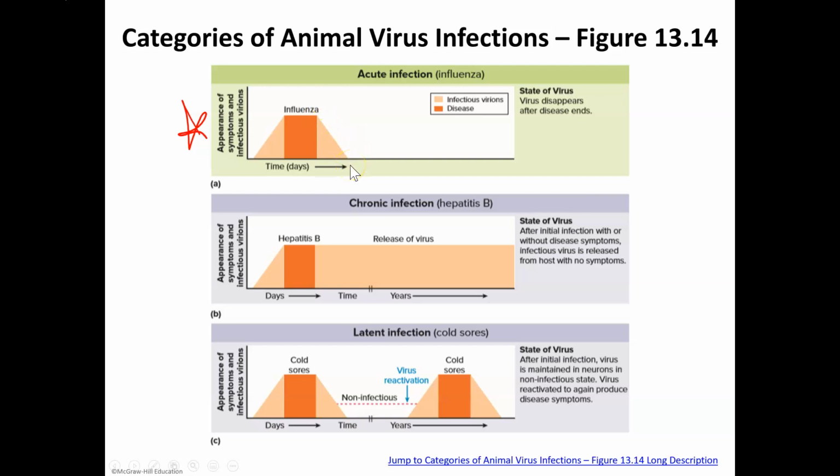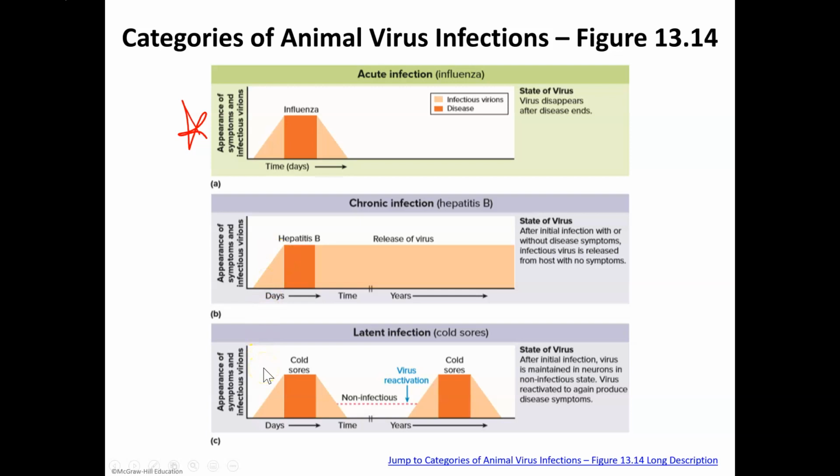This can last from 7 to 14 days at the most, typically, and then the virus is gone. But during that period, the disease is very debilitating on the individual. And so we're not talking about a stomach flu, we're talking about respiratory influenza, versus a chronic infection or a latent infection.